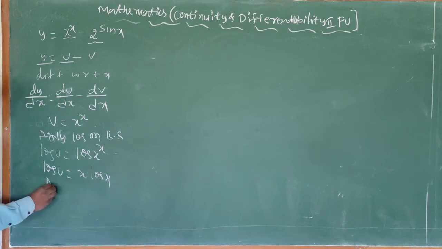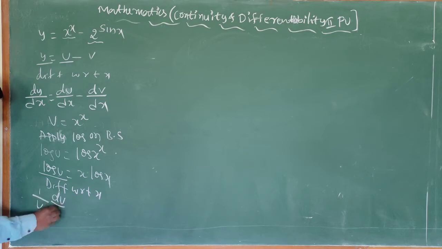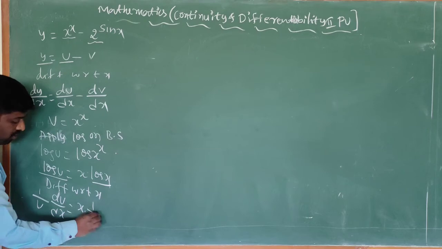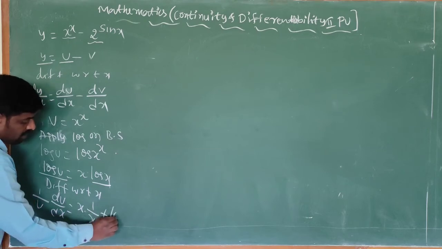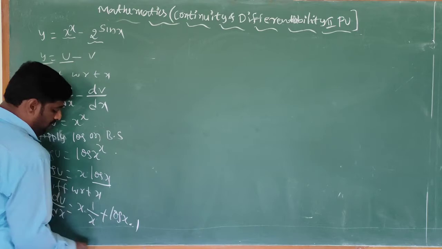So differentiate with respect to x. Log u differentiation is 1 by u, du by dx is equal to x into log x differentiation is 1 by x plus log x, as it is x differentiation is 1.